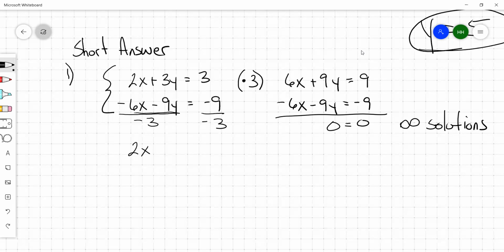Negative 9y divided by negative 3 is positive 3y. Negative 9 divided by negative 3 is positive 3. Well, that equation is the same as that equation. They're the same line. All right? So if you graphed them, they would be on top of each other. Infinite solutions.